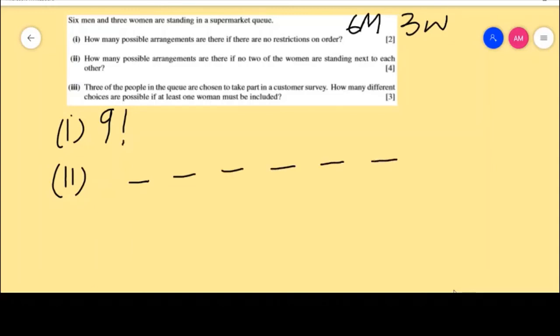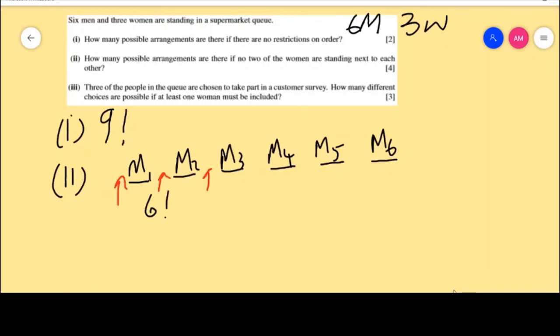So I go the first man, the second man, the third man, the fourth man, the fifth man, and then the sixth man here. These can be arranged in 6 factorial ways. Alright, so I do the men. But after I do the men, I have left gaps in between which I can fit in the women here.